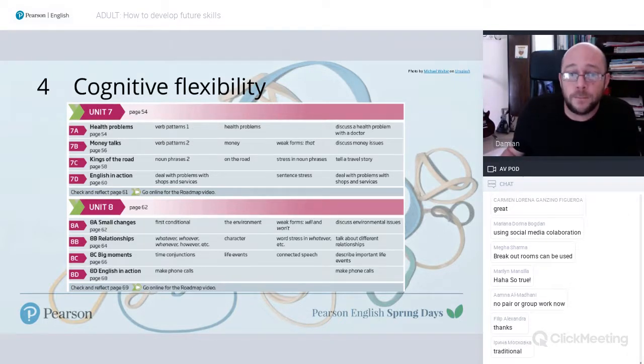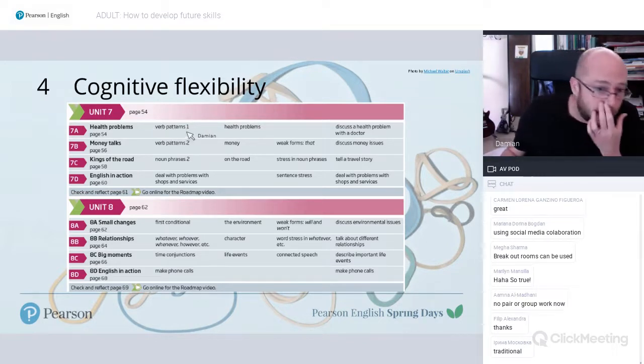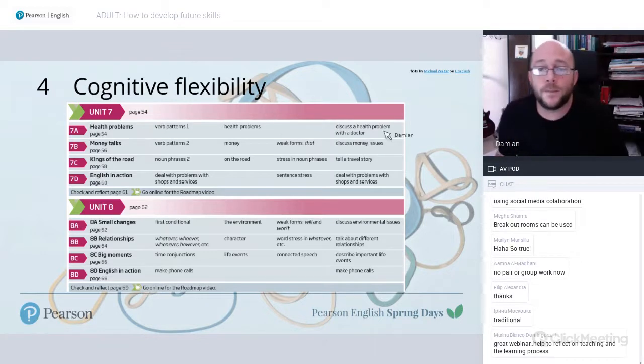So here we have verb patterns 1, verb patterns 2, noun patterns 2. There are some links that way. But what we try to do is make the topics new and interesting for each lesson. So if you look here, for example, Unit 7, we've got a lesson on health problems, money issues, then something related to travel, then dealing with problems in shops and services. And then Unit 8, we have environmental issues, relationships, important life events, and making phone calls.